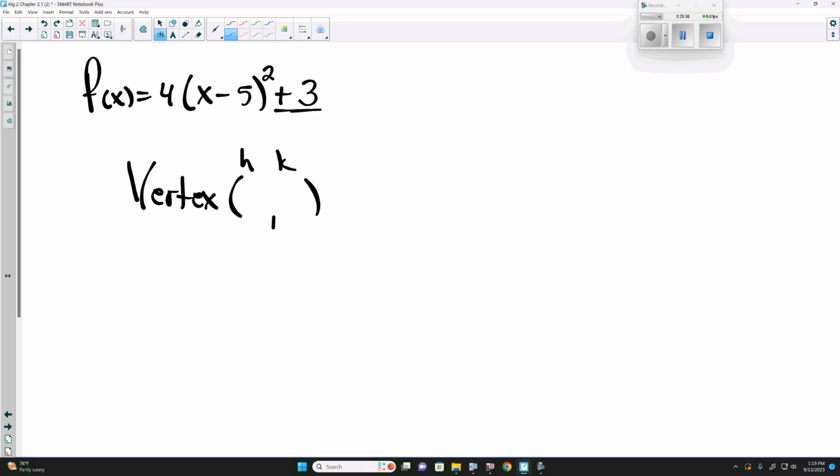So the one outside, our k value is 3. Now, if we remember, inside the parentheses it's x minus h squared, yes? Both the original form, x minus h, and the x minus 5: the x are the same, the minus are the same. So what is the value of h? It would just be 5.